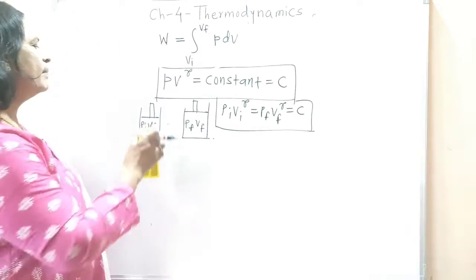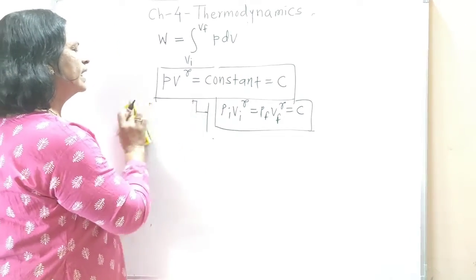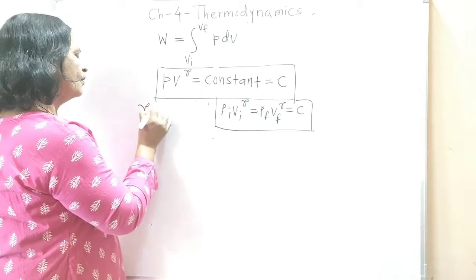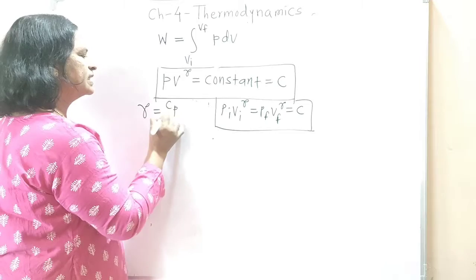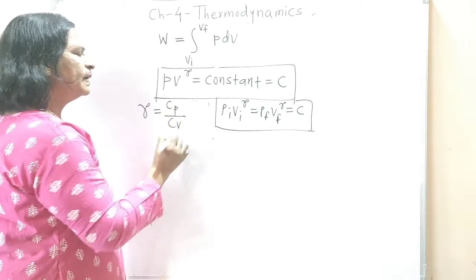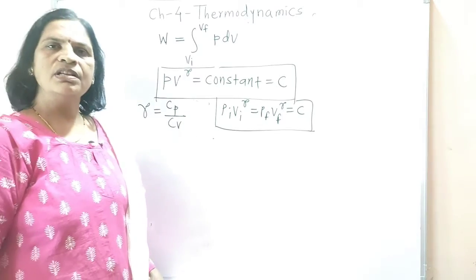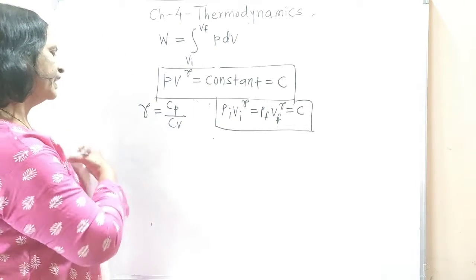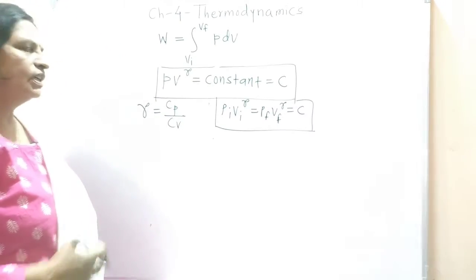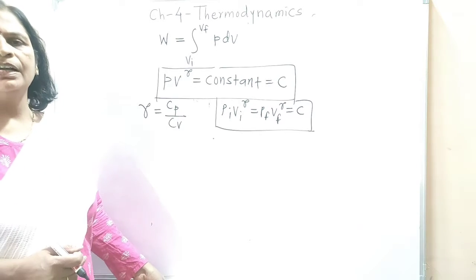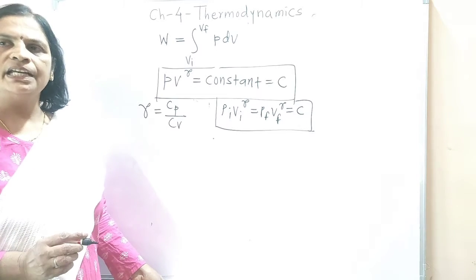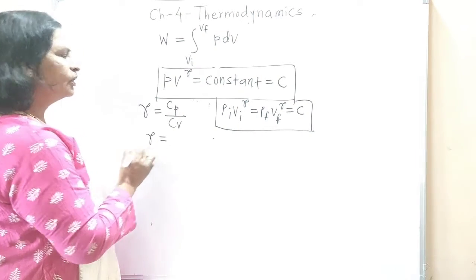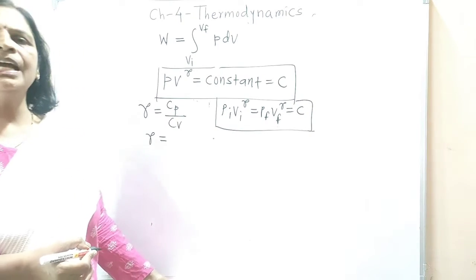Then what is gamma? Gamma is nothing but the ratio of two specific heats. Cp is the specific heat of a gas at constant pressure, and Cv is the specific heat of a gas at constant volume. It is also called the adiabatic ratio. Then gamma for monoatomic gas. What are the monoatomic gases?